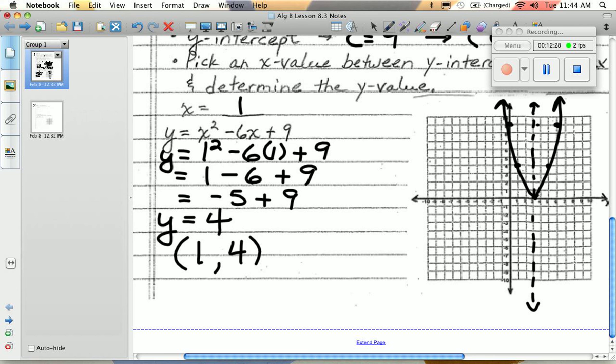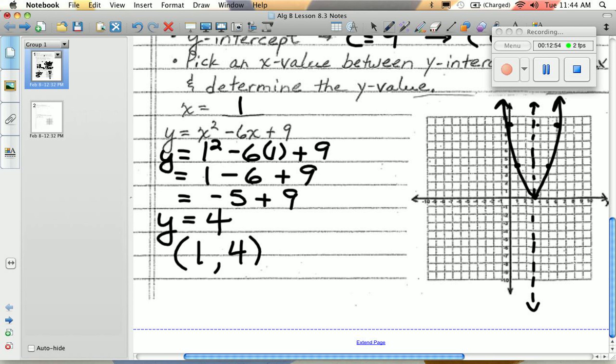Okay, now I need to give you a little heads up. What if the y-intercept and the vertex are right next door to each other? In other words, what if the vertex has an x value of 1 and the y-intercept, of course, has an x value of 0? Then you might think you have to use 1/2. No, you don't. You don't have to go between them.